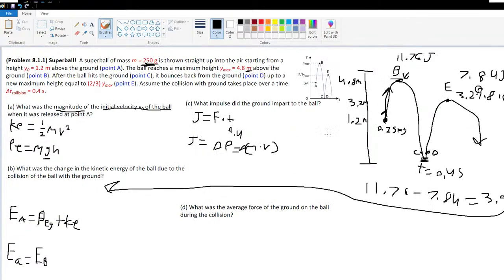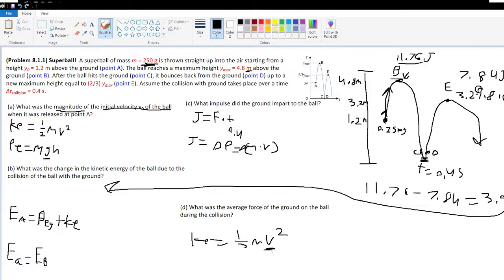So in order to find the momentum at point C just before its impact, we can use the energy, since we know that the instant before it hits the ground, all of this potential energy has been converted into kinetic energy. So we can say that, once again, K equals 1/2 mv squared.